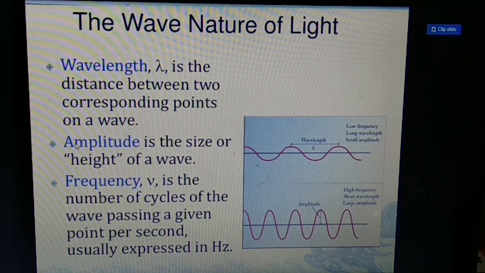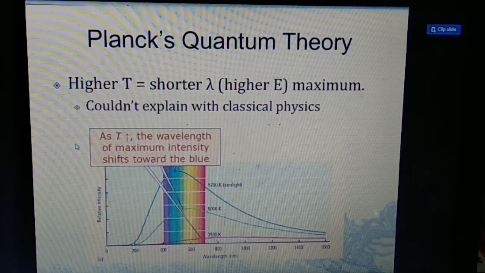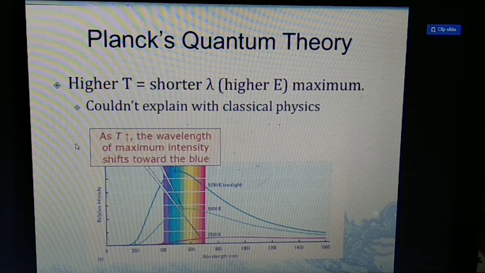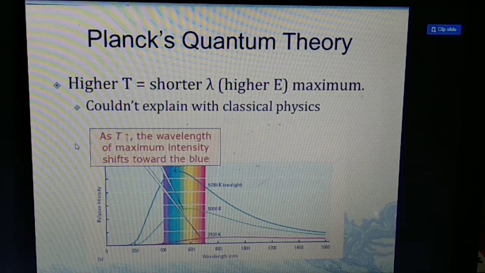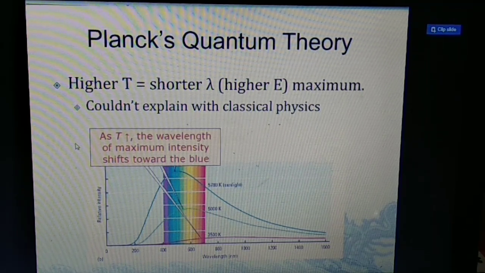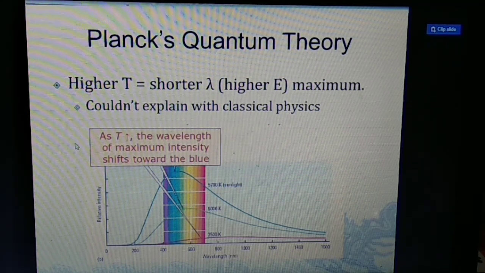According to Planck's quantum theory, the wavelength of maximum intensity shifts towards the blue: shorter lambda maximum, higher T is equal to shorter lambda, and it could not be explained with classical physics, students.